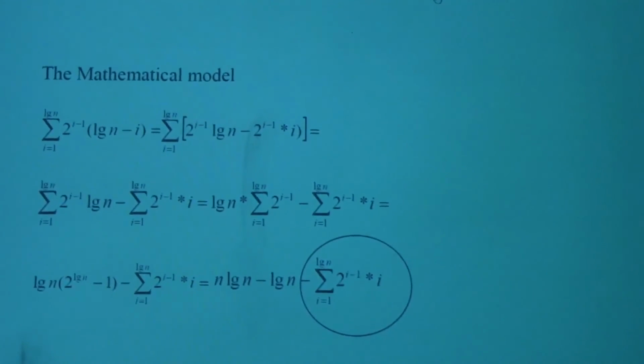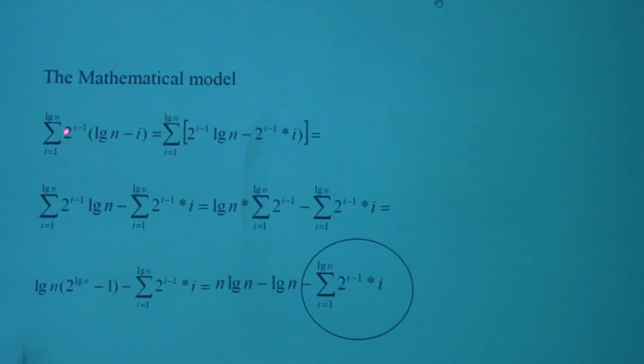So our mathematical model looks like this: 2 to the i minus 1, that's the exponential growth of the number of nodes, times lg of n minus i. Does that make sense? So this is decreasing. The number of nodes is increasing, but the number of comparisons is decreasing. So that is 2 to the i minus 1 times lg n, and distributing, minus 2 to the i minus 1 times i.